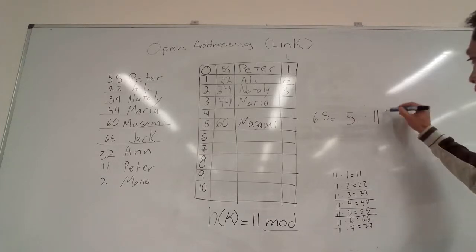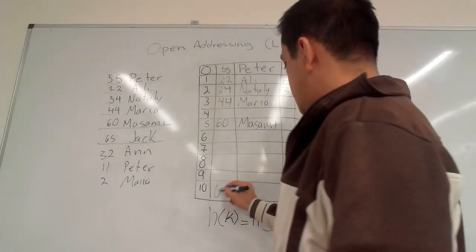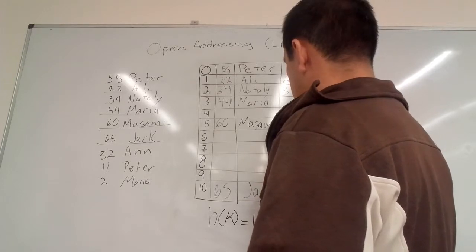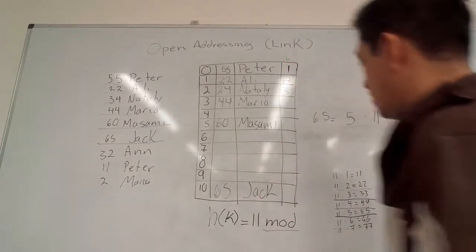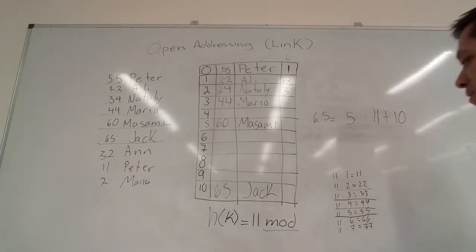So the product is plus 10. So we will place 65 for Jack here. At the moment, there is no problem putting anything here.